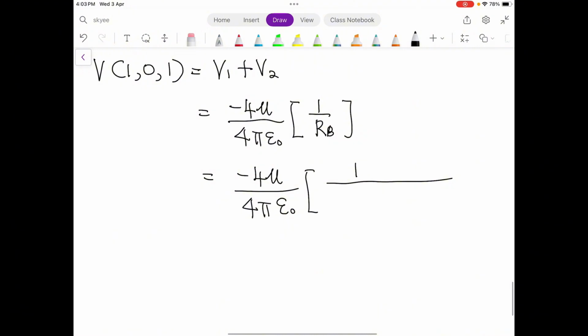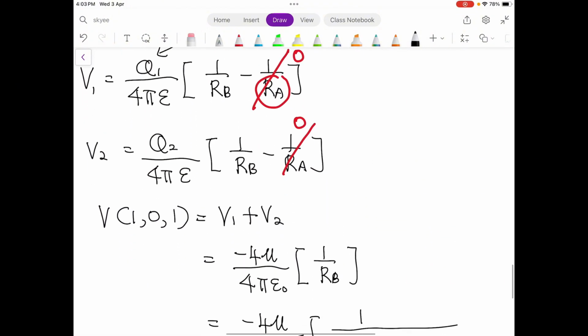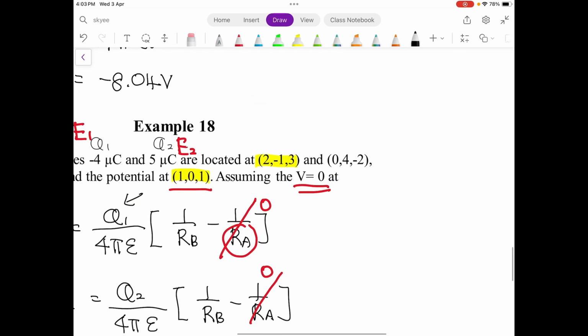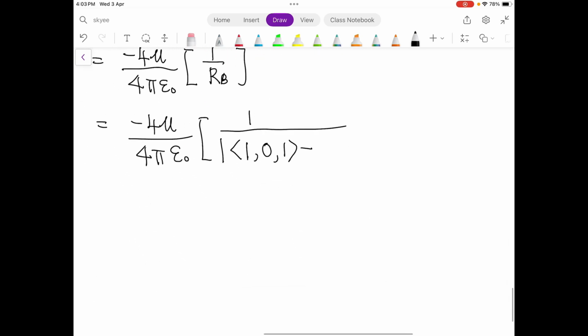So the RB will be the magnitude of taking the 1, 0, 1, which is the point that you want to know the potential, minus the 2, negative 1, 3.